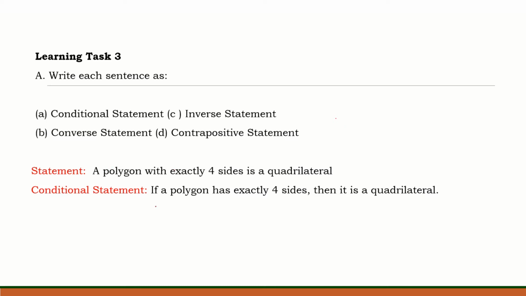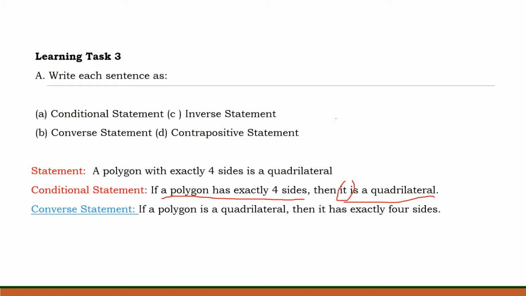Our hypothesis there is a polygon has exactly four sides, of course not including the if, and our conclusion is it is a quadrilateral. Anyway, the it there refers to the polygon.